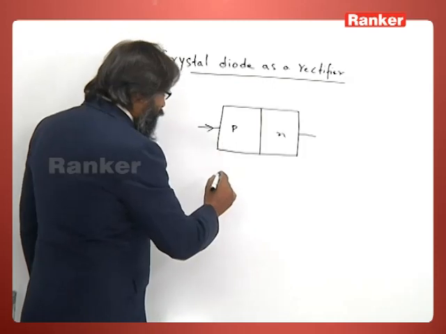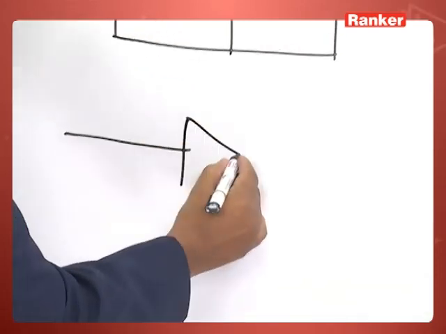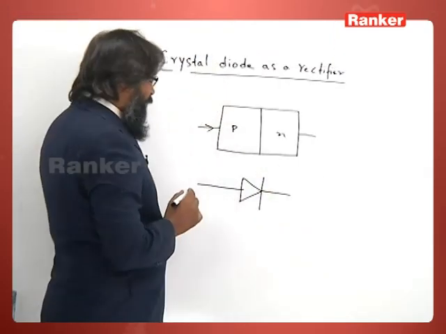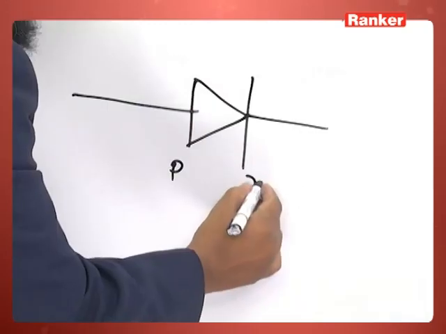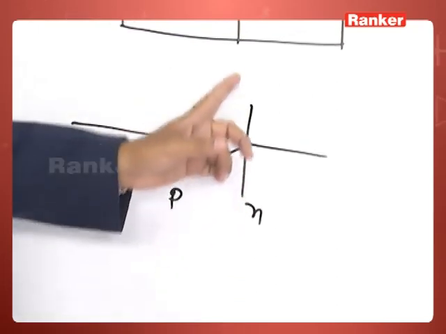So, we use this symbol to denote the PN junction. This symbol means this side is P type and this side is N. The symbol has an arrow and a line.